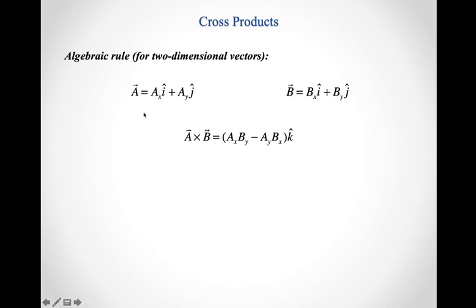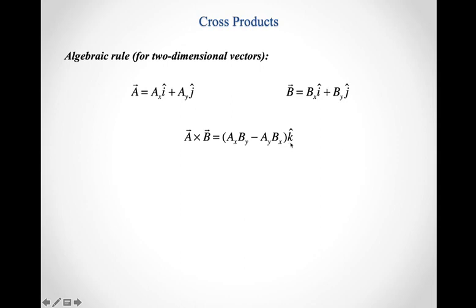What I have are two vectors, A and B, that both lie in the xy plane: x component i hat plus y component j hat for both vector A and vector B. My rule for their cross product, A cross B, where this large X tells me that I'm taking the cross product between these two vectors, if they both lie only in the xy plane, can be written as the x component of A times the y component of B minus the y component of A times the x component of B, all that times k hat.